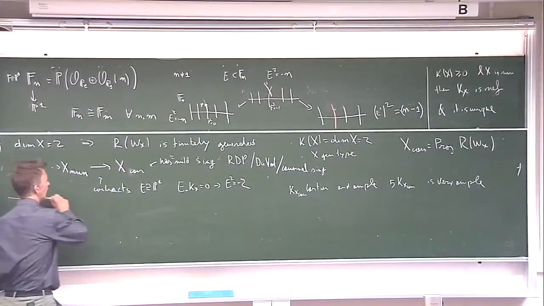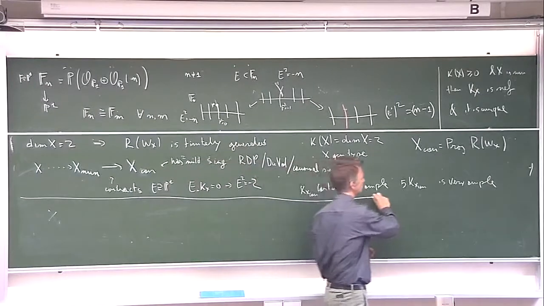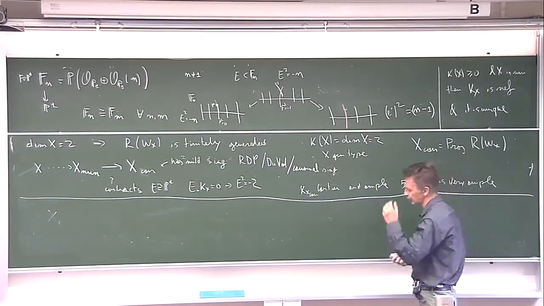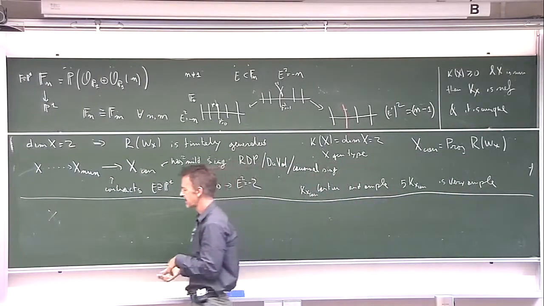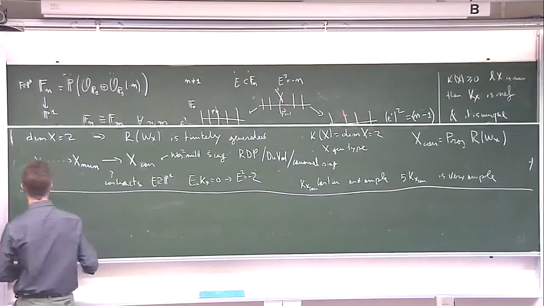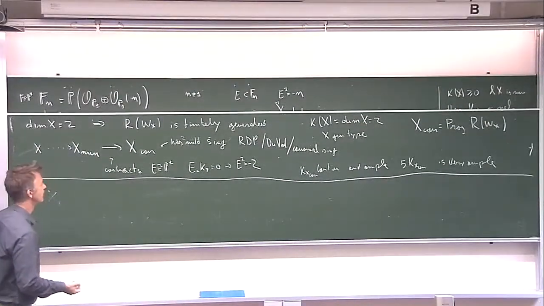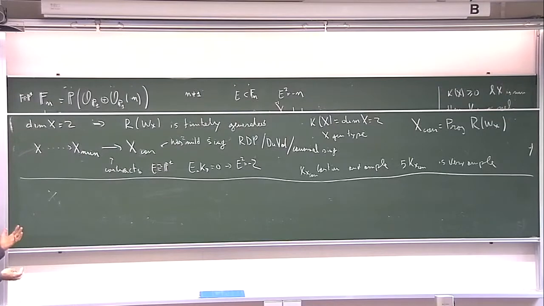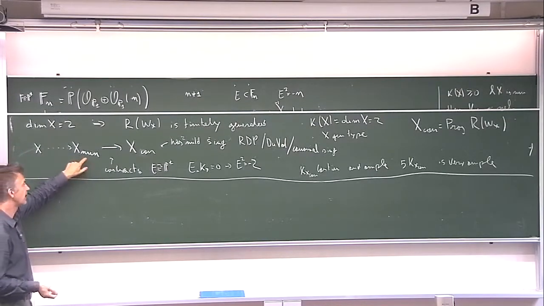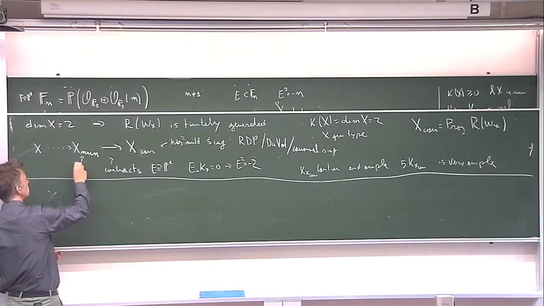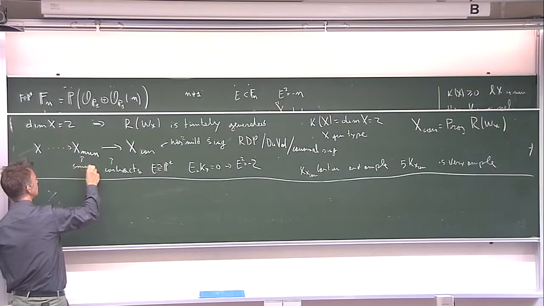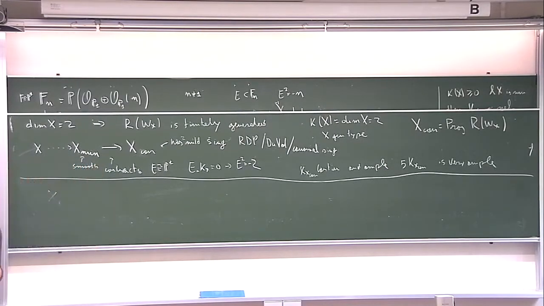And now I would like to move to higher dimensions. And maybe I should start by illustrating that the situation is going to be more complicated. So for surfaces, at least we had this nice feature that minimal models are smooth, but already in dimension 3 or greater, minimal models may not be smooth.